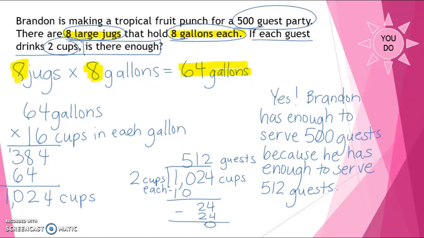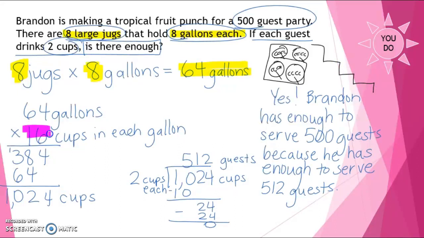Then we need to know, okay, how many cups are in 1 gallon? You can use the square picture, and we know that there are 4 cups in each quart, which is a total of 16 cups, or we can use the stair step, and when we jump, we'll still figure out that you should have a total of 16 cups.